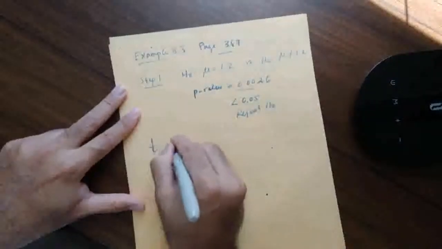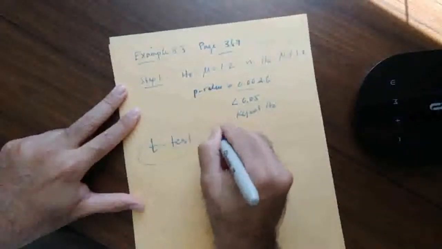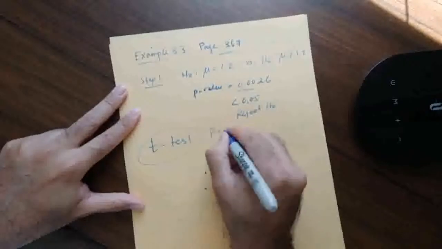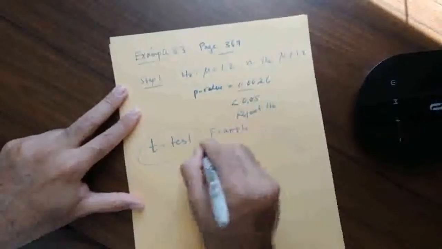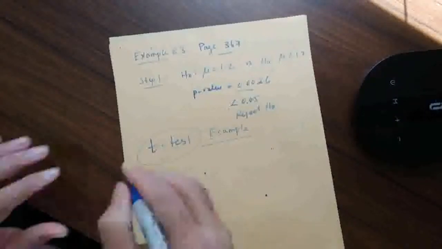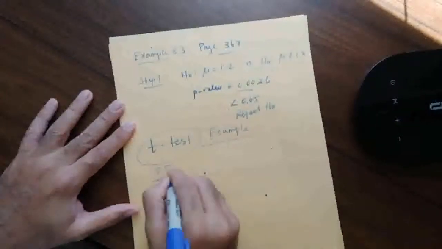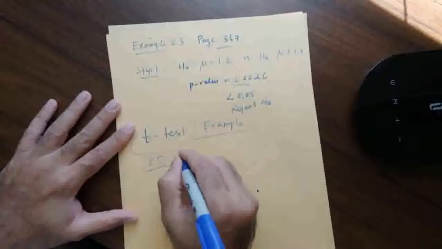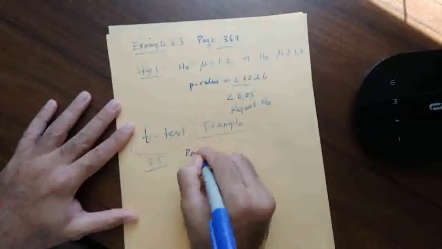But this is the t-test example that I'm doing right now. And I think in your book, the t-test example is example 8.5 on page 374.